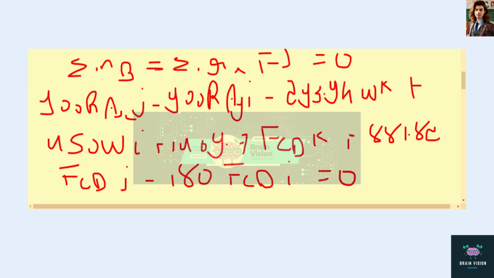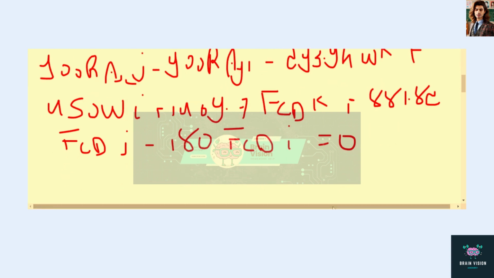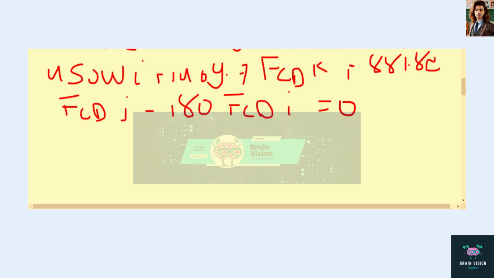As sigma M is equal to 0 about each coordinate, so we can compare the coefficient individually with 0. So first of all, let's compare the coefficient of K to the 0 for the above equations. Let's gather all the K coefficients.